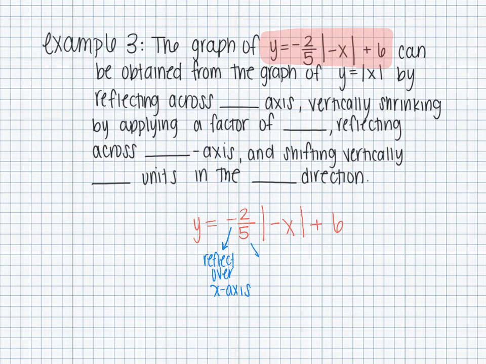The number out front is going to act separately. The 2 over 5 is a number out front. It's being multiplied. It's between 0 and 1. So it's going to be a vertical shrink.